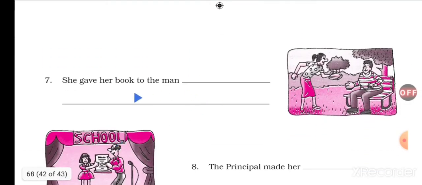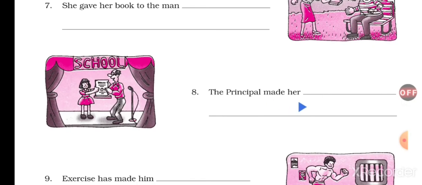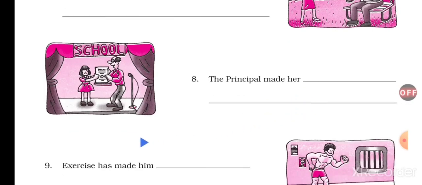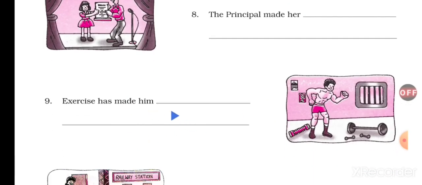She gave her book to the man sitting on the bench. The principal made her winner. The principal made her come on the stage. Now, exercise made him strong, sturdy.